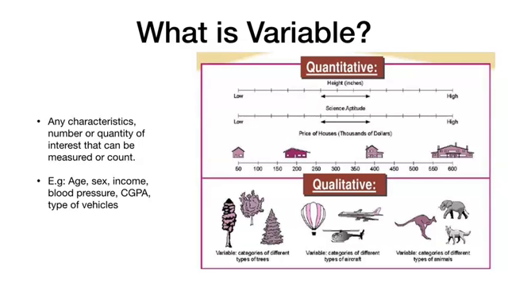And this variable will involve BMI. And the BMI is obtained through calculation of height and weight. So a variable is any characteristic, number or quantity of interest that can be measured or counted. For example, age, sex, income, blood pressure, CGPA, and many more.